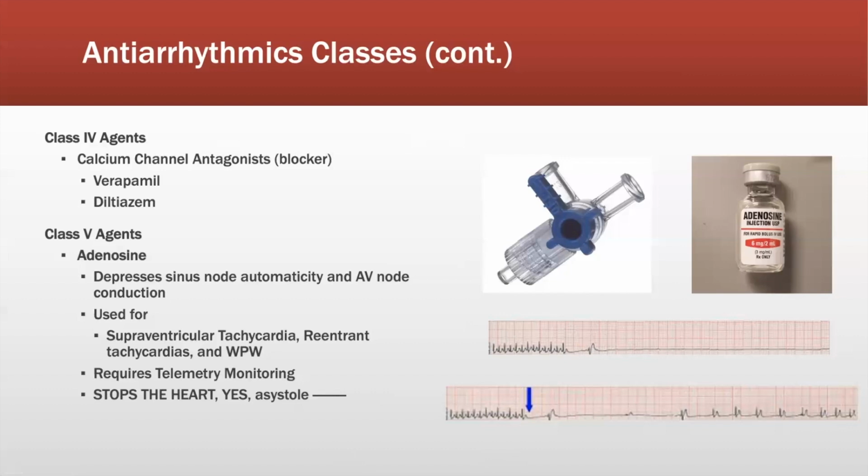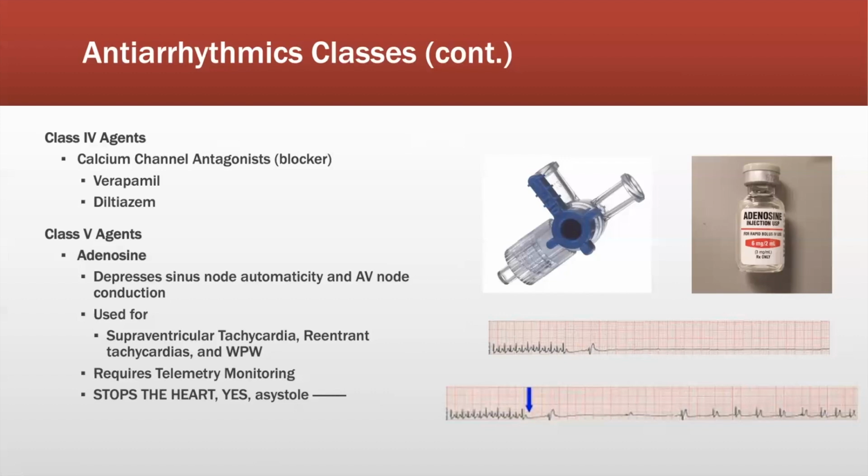Another important thing to know for adenosine is that you have to push it very, very fast because it has a very short half-life, 0.6 to 10 seconds. That's why I have a picture of a stopcock here. Typically when you're giving this, we were taught during ACLS to use the stopcock method. You have a flush and your medication and a syringe attached.